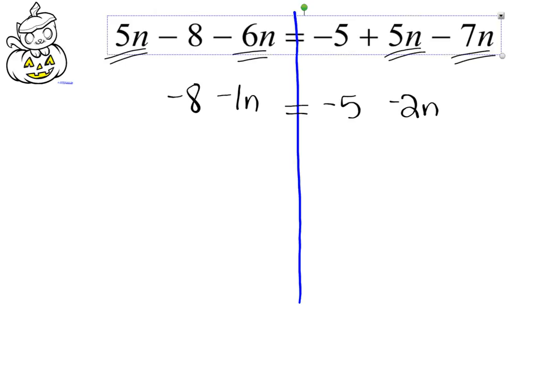Right, now, I've got n's on both sides of my equation here. So when I have n's on both sides, or variables on both sides of my equation, I'm going to move my letters to the left. That means I'm going to add 2n.